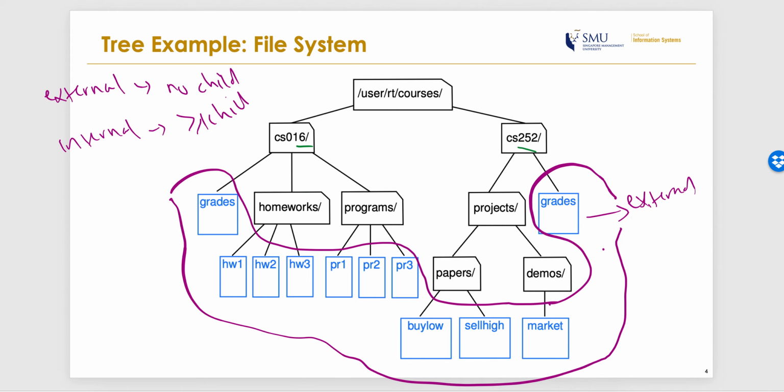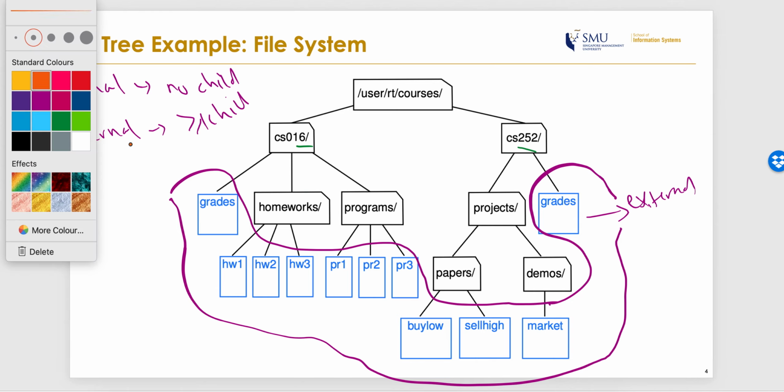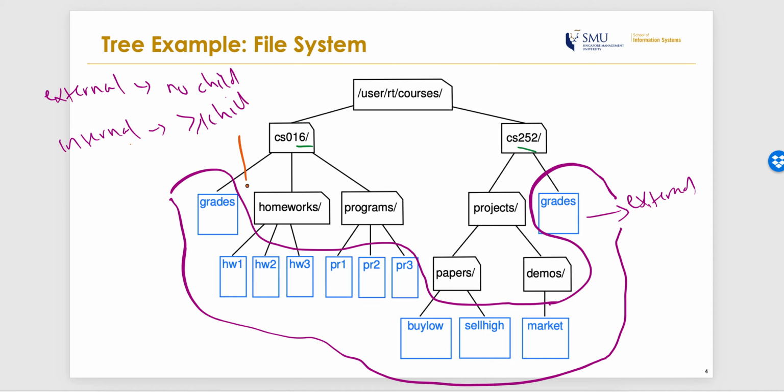So these are the external ones, and the ones that are left behind are the internal ones. The internal ones are those covered by at least one child, so the rest of them are the internal nodes.